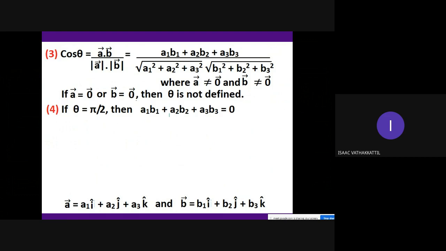If theta is pi by 2, obviously cos theta is 0, so A1 B1 plus A2 B2 plus A3 B3 is 0. If theta is 0 or theta is pi, A1 upon B1 and so on, that means the components are proportional. If two vectors are either in the same direction or in the opposite direction, their components are proportional to each other.